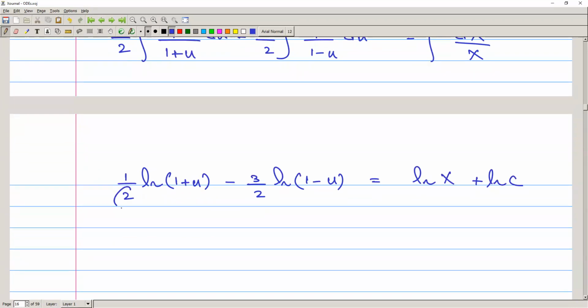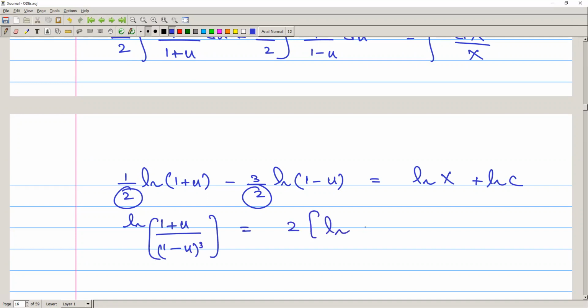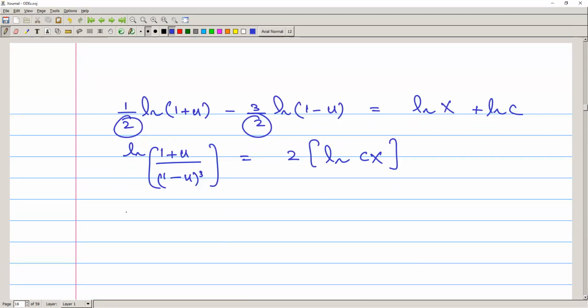Now we can move this 2 onto the right hand side, so here we will be left with ln of (1 plus u) over (1 minus u) cubed, right? And that is equal to twice ln cx, which means that this is now equal to ln of (1 plus u) over (1 minus u) cubed is equal to ln (cx) squared.